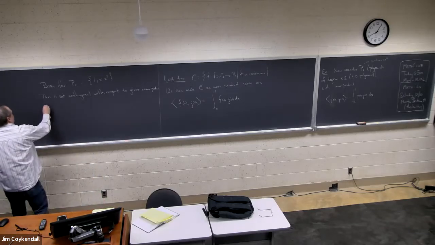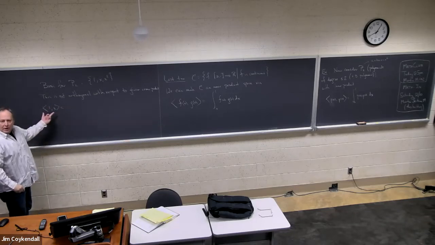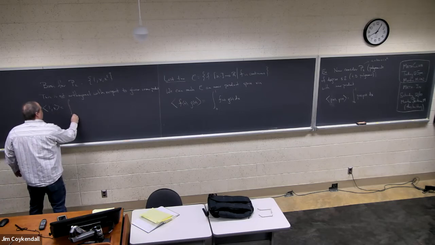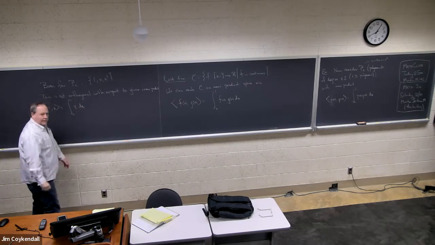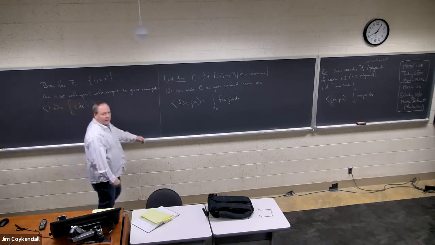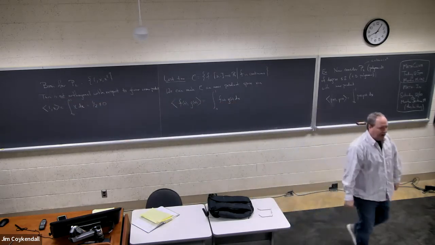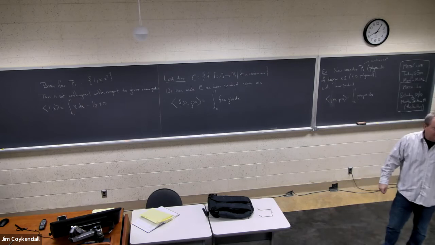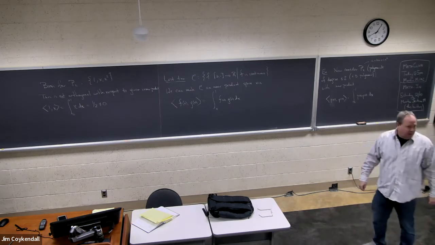That's right, let's look at the inner product of 1 and x. This is the integral from 0 to 1 of 1 times x, and this is 1/2, which is not 0. So 1 and x, with respect to this inner product, do not sit at right angles. There are other inner products you can come up with where they do, but not this one.